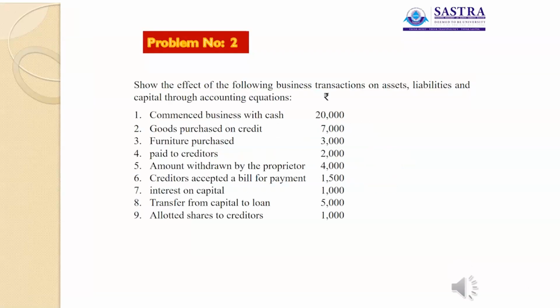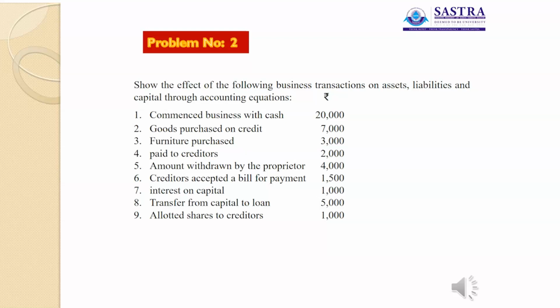Now the effect of these transactions on assets, liabilities and capital through the accounting equation. First transaction is commenced business with cash rupees 20,000. Second, goods purchased on credit rupees 7,000. Third transaction is furniture purchased rupees 3,000. Fourth, paid to creditors rupees 2,000.